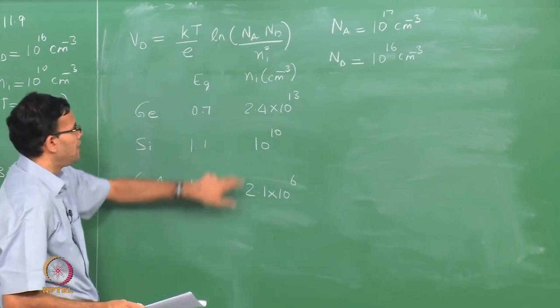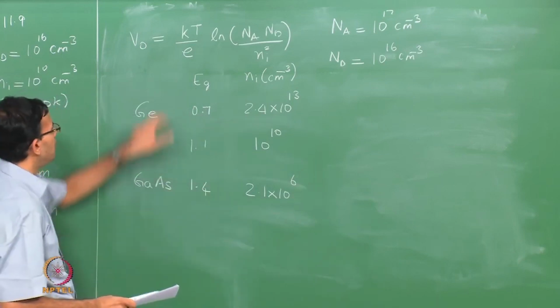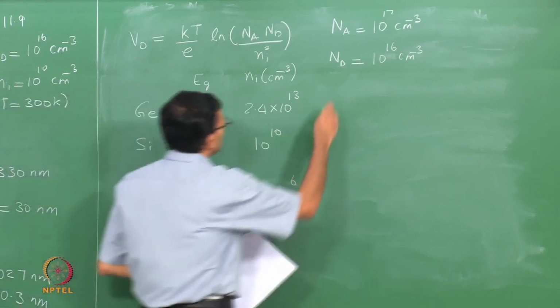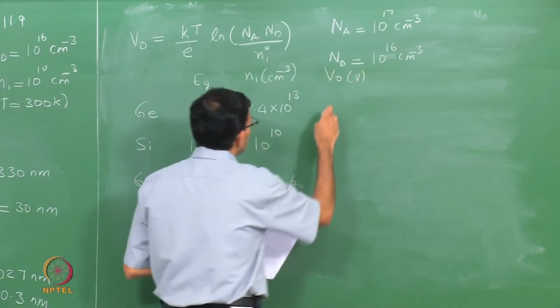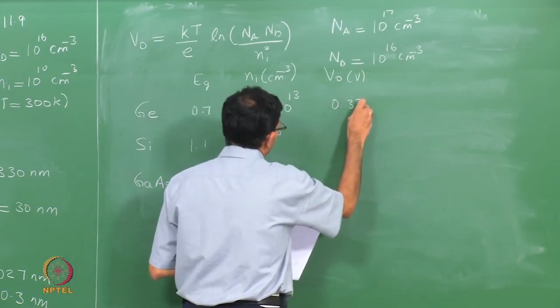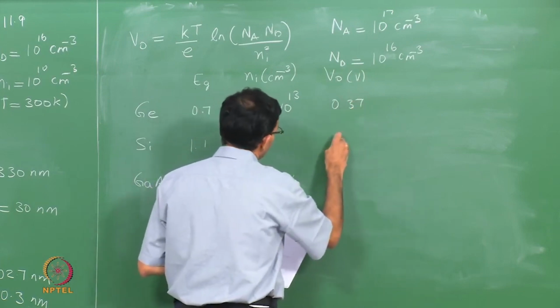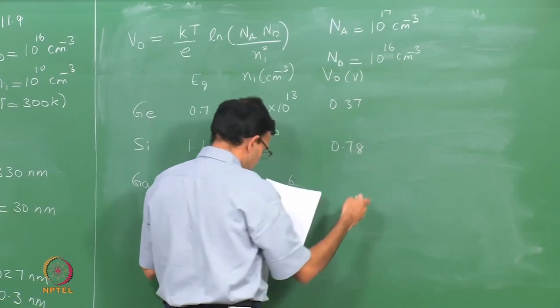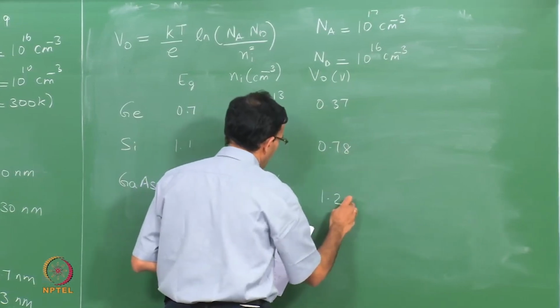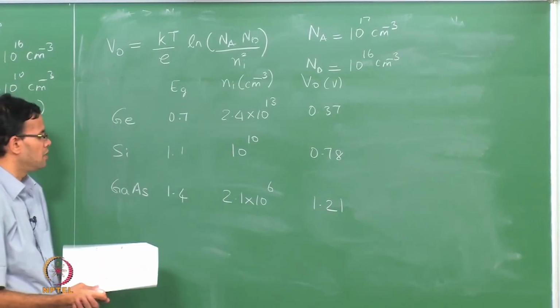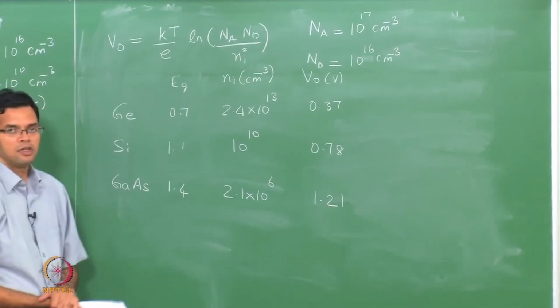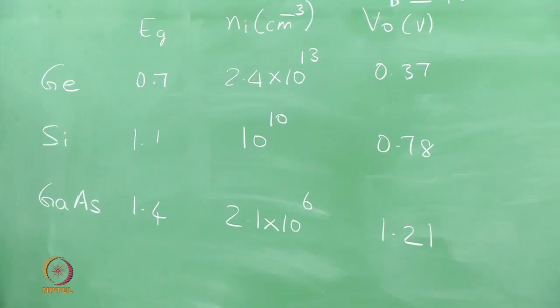So, these are the values of Ni, and if you plug in this equation, V naught in volts is 0.37, 0.78 and 1.21. So, the contact potential increases as the value of Ni goes down, and this happens when you have a larger band gap.